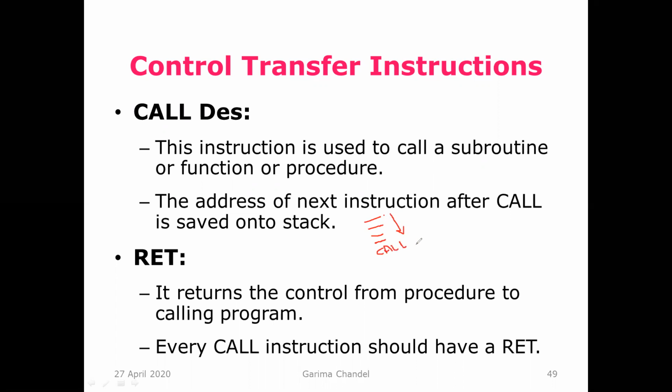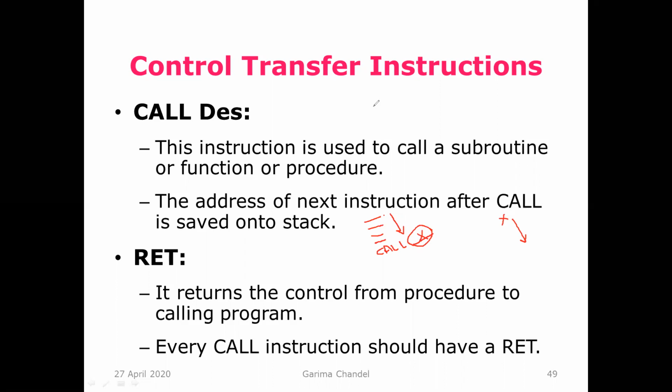Call should have some number with it, because at this memory location the control will be transferred. So call will hold the address of a subroutine which is written anywhere else in the memory. For example, here a subroutine is written. So this address should be mentioned.